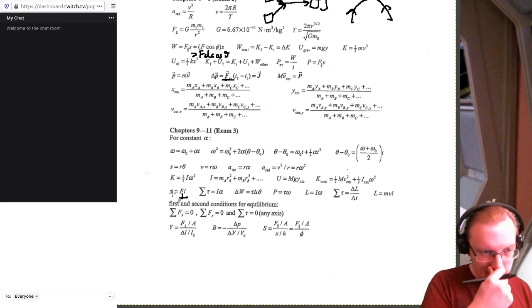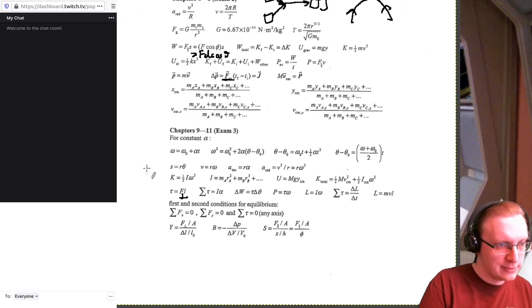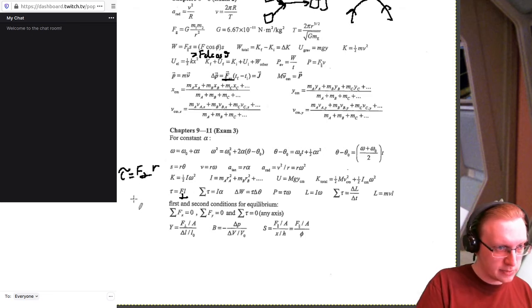Come on, man. Really? Are we getting lazy or what? So torque is equal to the force perpendicular to the lever arm. I like R instead of L for that particular case, which means that this is equal to F R sine theta, instead of the cosine theta up here.